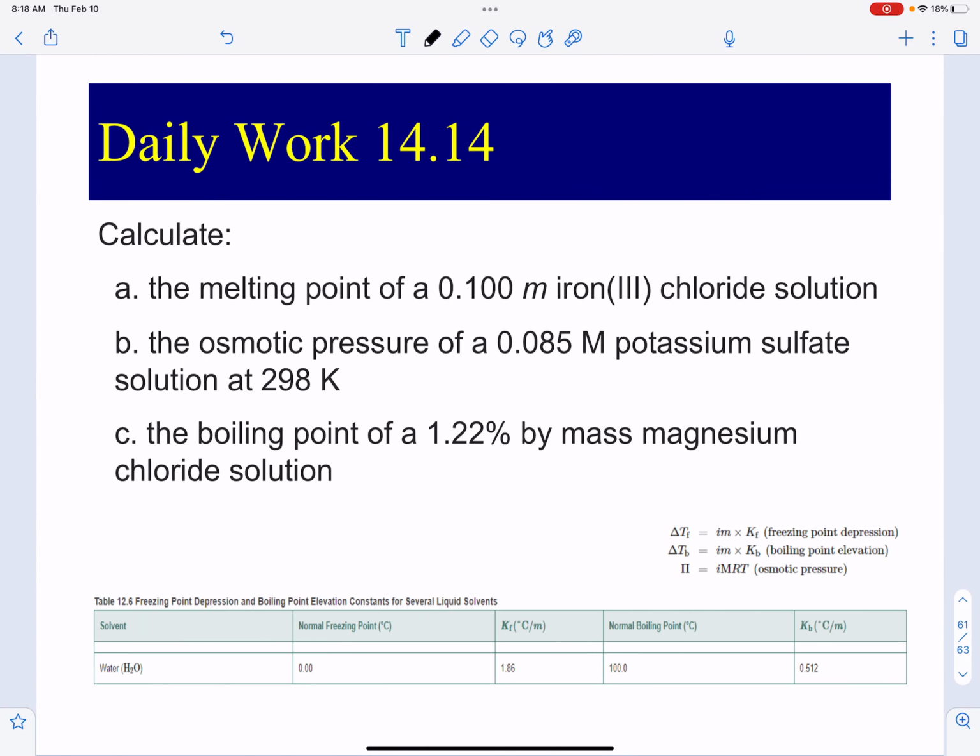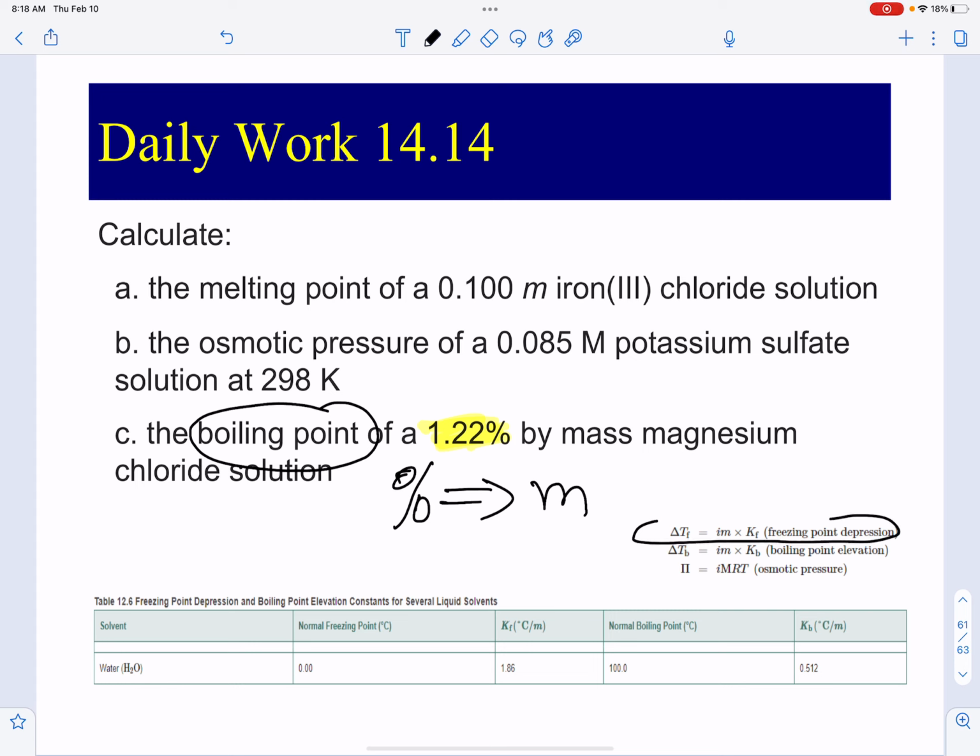And with that said, that would be your daily work. So a percentage. How can you change percentage into molality? Because you're dealing with boiling point, right? So that would be that formula there. So molarity and molality.